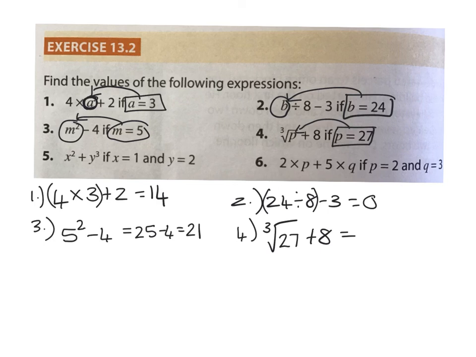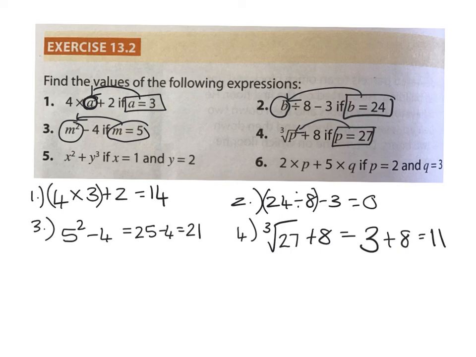What's 3 times 3? 9. What's 9 times 3? 27. So my answer to the cube root of 27 is 3, because 3 times 3 times 3 is 27.